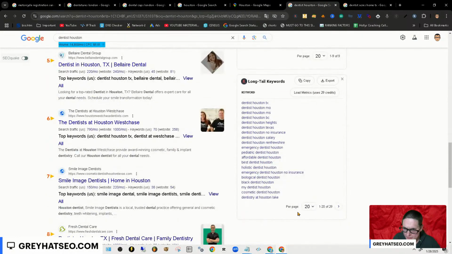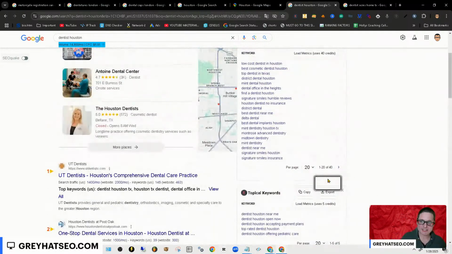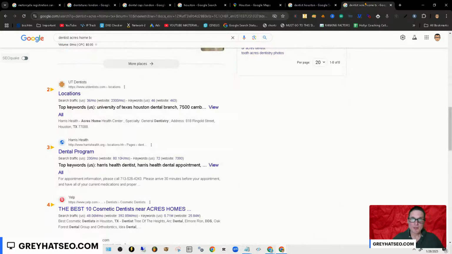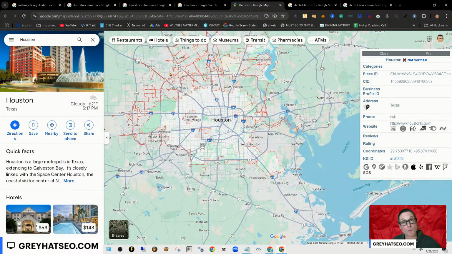With that being said, the top performers, this is what I mean. If there was more than just one and Google wasn't having so much trouble identifying it, this would mean that I can just talk about Acres Home on my Houston page. Why? Because Acres Home is in Houston. How do I know? Because it's red.